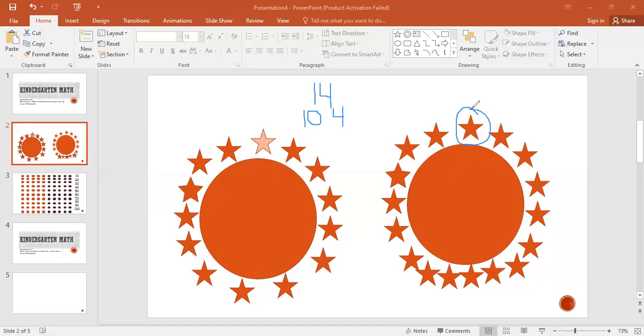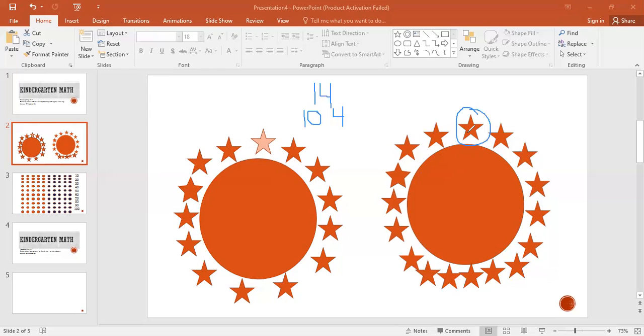Oh, I needed to stop at this star because I started here. I don't want to keep counting around and around because that's not how many stars I have. I only have this many stars. Okay, so that means I need to stop here, right? No, great, because I started here. I don't want to recount the star. So I will stop right here because that will tell me how many stars I have.